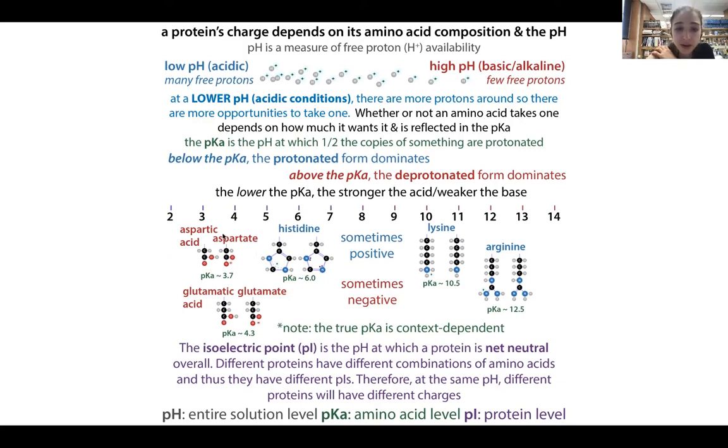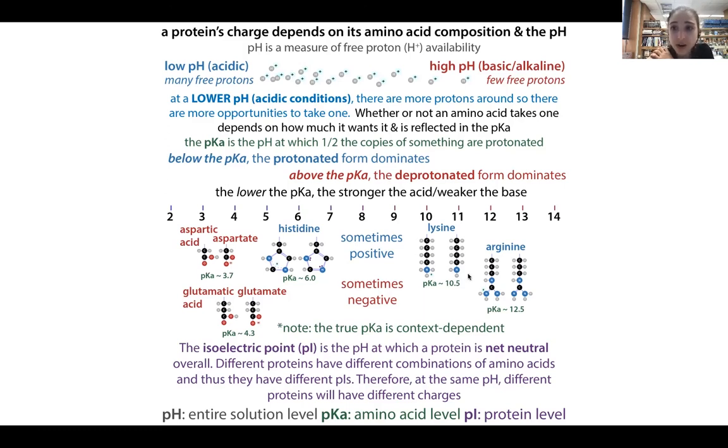And so that's why you're almost always going to find it this way. On the other hand, are what we call basic amino acids. And so we call the basic form the neutral form. But we normally find them in their conjugate acid form, which means that they've already acted as a base, so they've taken a proton, and now they're in this positively charged state.